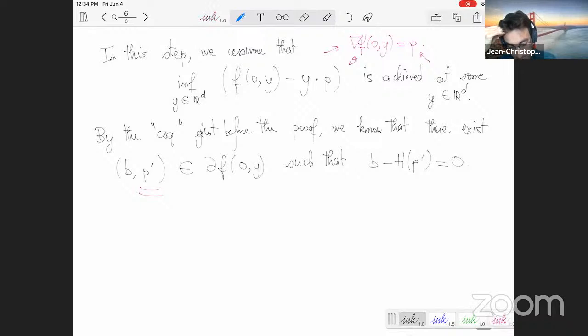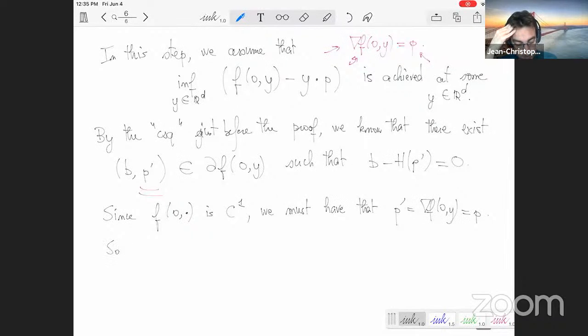Okay, so since f(0, ·) is c1, we must have that p prime is equal to the gradient of f, which we said is equal to p.